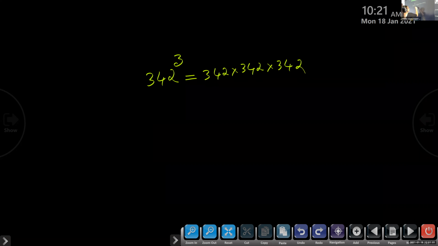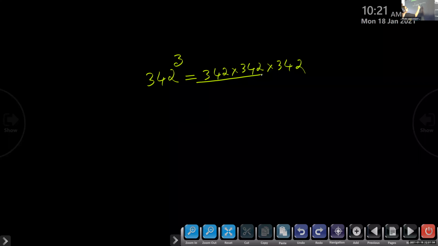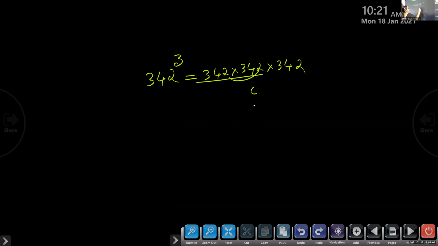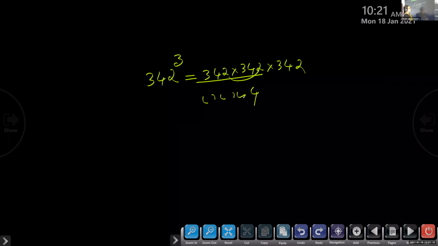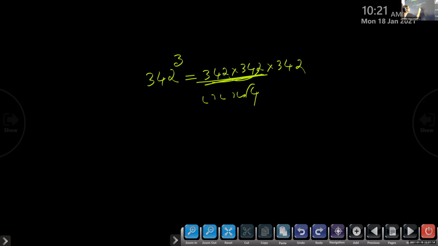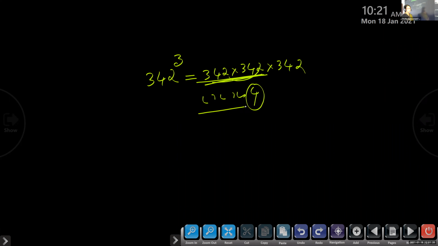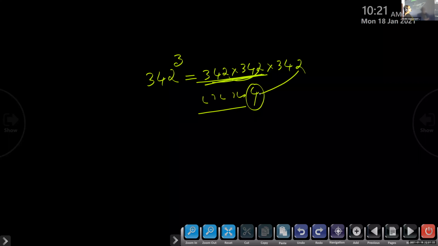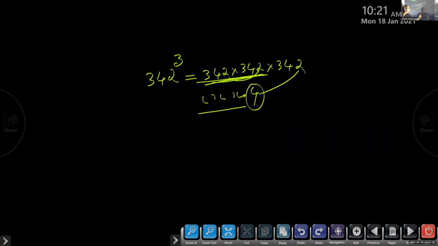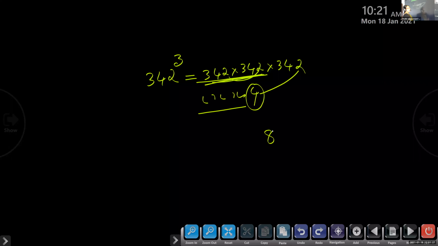So first of all, we will multiply these two: 2 twos are 4. So when we multiply these two numbers, the unit digit is 4. Again we will multiply this number with 342: 2 into 4, so the unit digit will be 8.